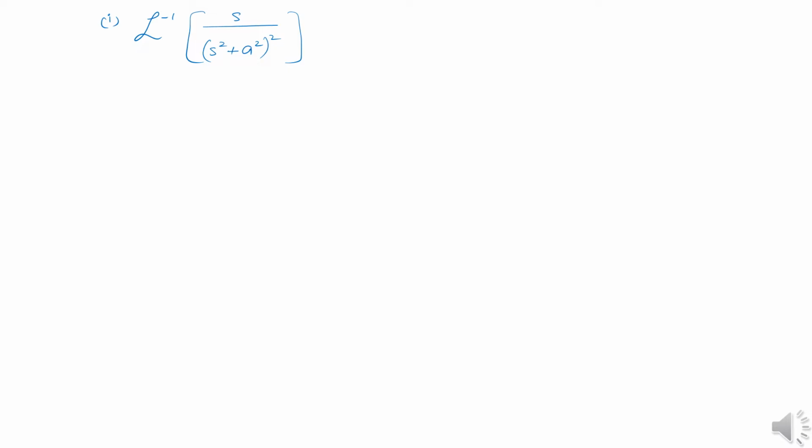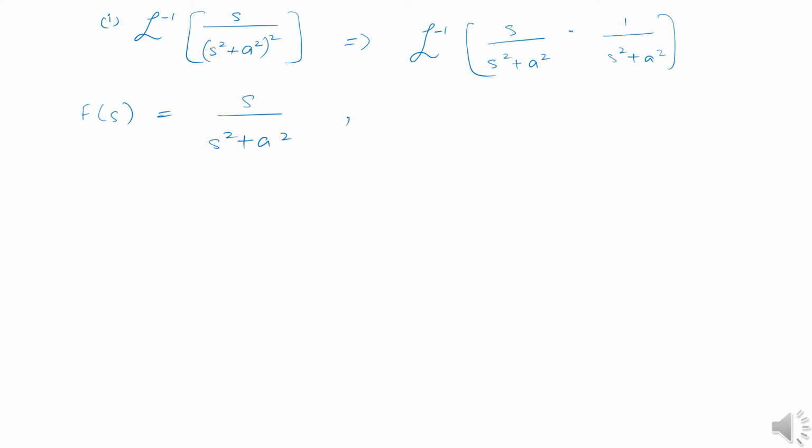Now I can break this function into the form s over s squared plus a squared, multiplied by 1 over s squared plus a squared. So now I have broken this problem into two functions of s. The first function is f of s, that is s over s squared plus a squared, and the second function is g of s, that is 1 over s squared plus a squared.